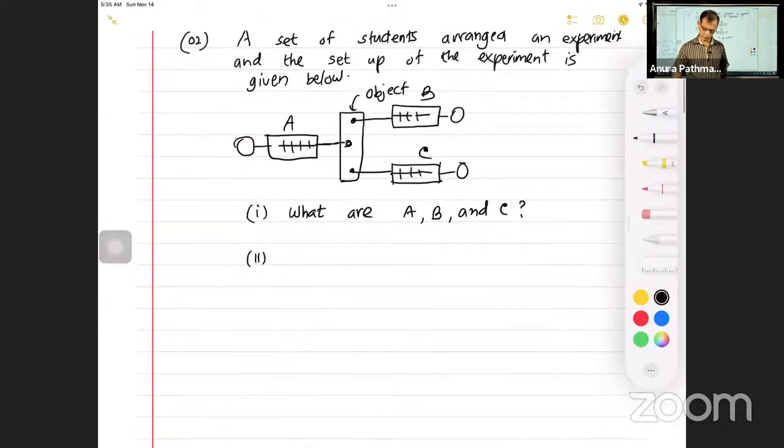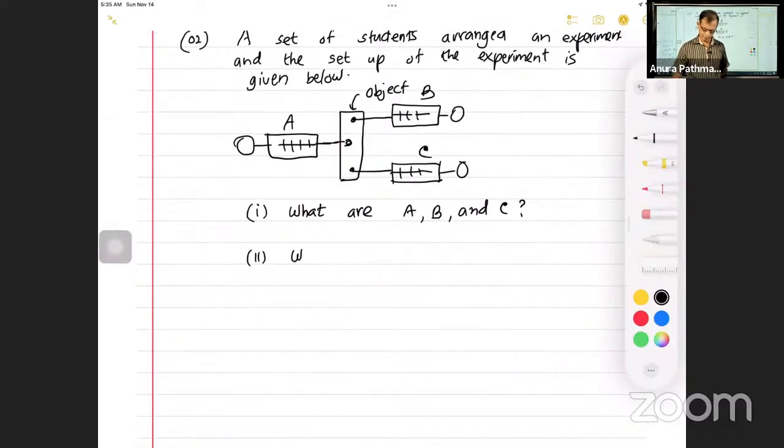2. What is the unit marked on A, B, and C? Third one.